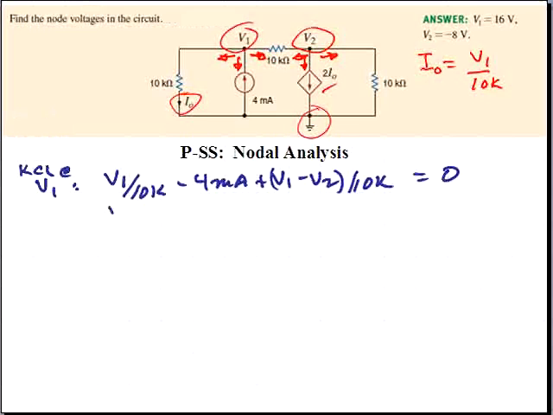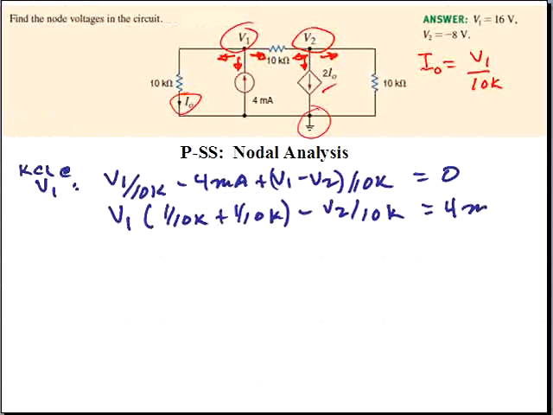Rearranging terms, we have V1 times the sum of 1 over 10K plus 1 over 10K minus V2 divided by 10K is equal to 4 milliamps.